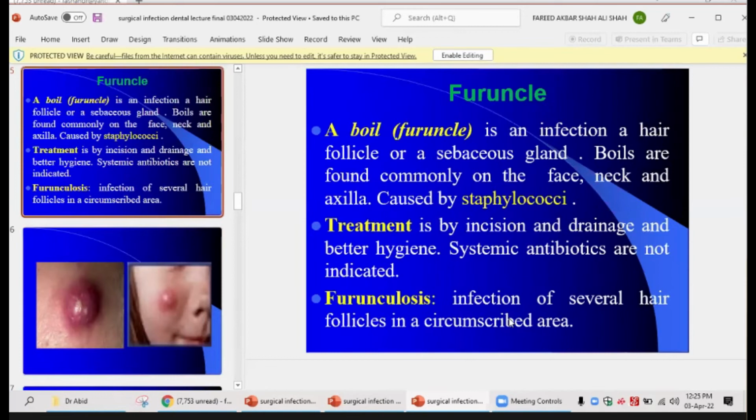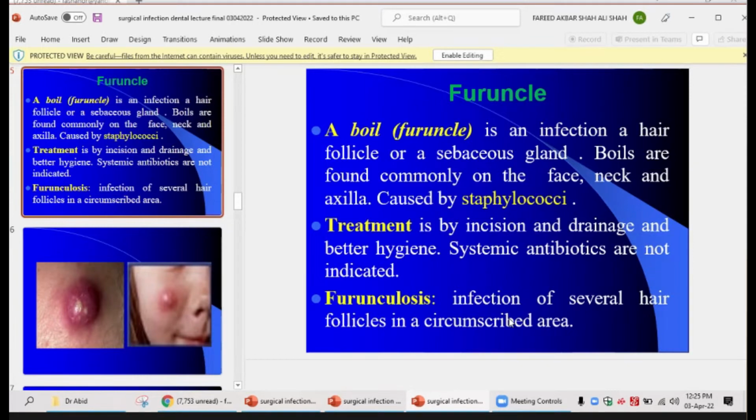Just for the sake of definition, you should know what a boil is. A boil is also called a furuncle. It is the infection of a hair follicle or a sebaceous gland in our skin. When one hair follicle is infected, it presents as a furuncle or a boil, usually caused by staphylococcus.